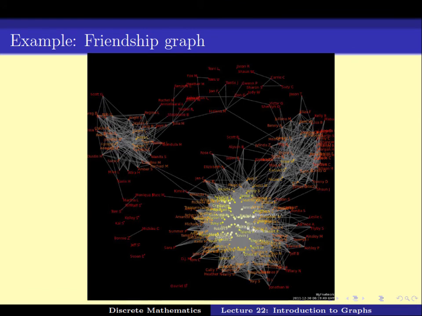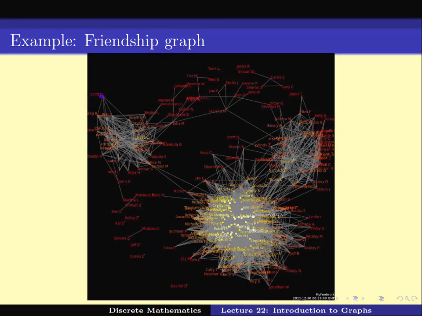So here is an example of a typical friendship graph. I have these points, every vertex is one person, and there is an edge if they are friends with each other in the social network. This helps us understand the various structures in the friendship graph.